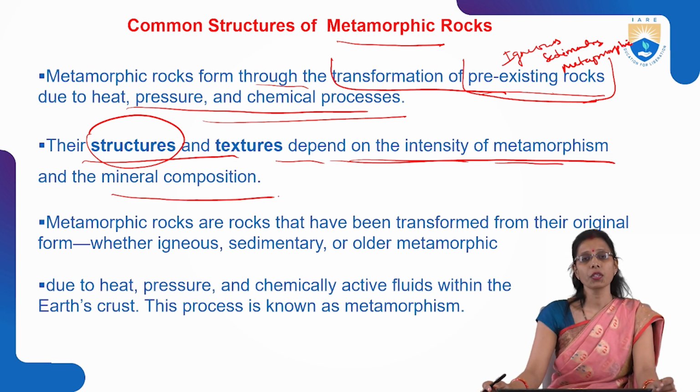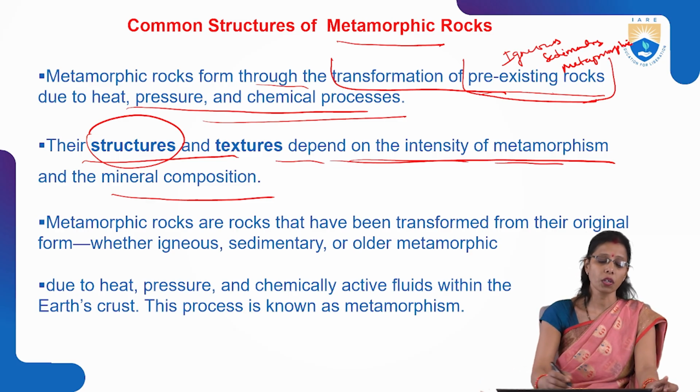So this all depends on the metamorphism and the mineral composition. As we discussed in the previous lectures, there is a lot of difference between a rock and a mineral. A rock can contain around two to three types of mineral, but a mineral has its own single unique property.